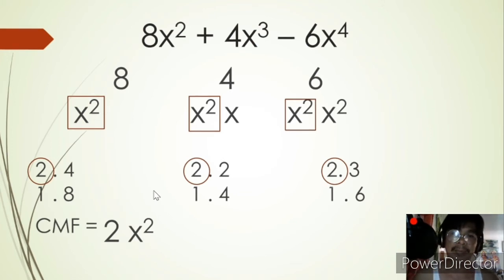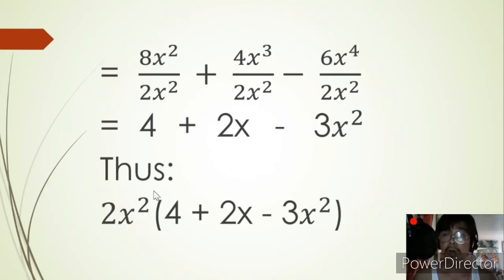So that is CMF. Now, to factor 8x squared plus 4x cubed minus 6x to the fourth power, all we need to do is to divide each term of the polynomial by the GCF, or what we call CMF or common monomial factor. That's why we have 8x squared divided by 2x squared plus 4x cubed divided by 2x squared minus 6x to the fourth power all over 2x squared.